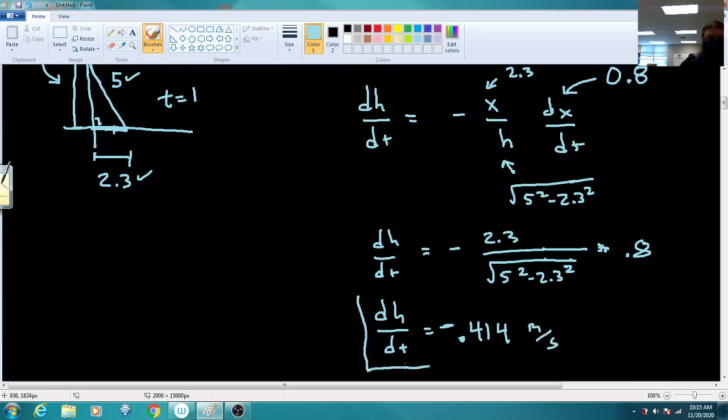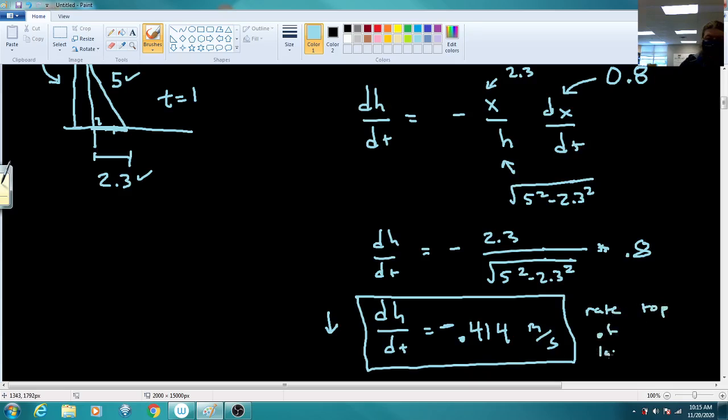So this is the rate the ladder slides down the wall. It's negative because the top of the ladder slides down. So this is the rate the top of the ladder slides down the wall. Okay, so that's the first example.